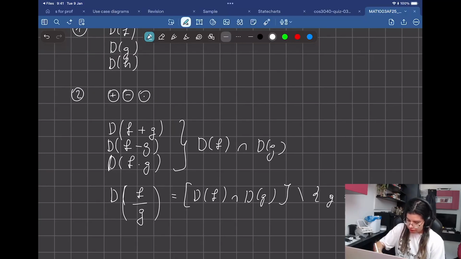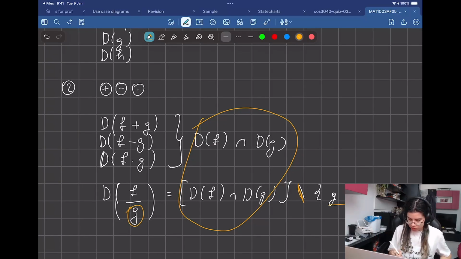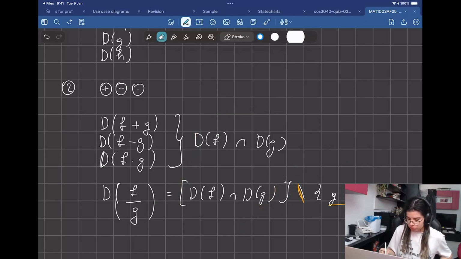Okay, so nearly identical to the previous. That part's the same, but you subtract from it the points where g, or whatever the function in the denominator, is 0. And if you think about it, it actually makes sense, right? Because we cannot divide by 0. So if g is 0, this is not going to be in the domain. We need to subtract this from the domain. Okay? That's the only difference between the two.